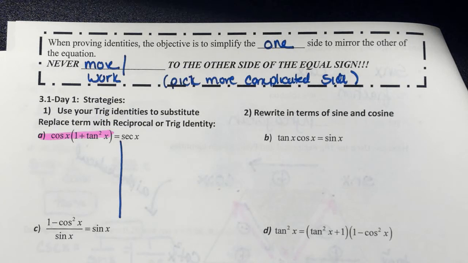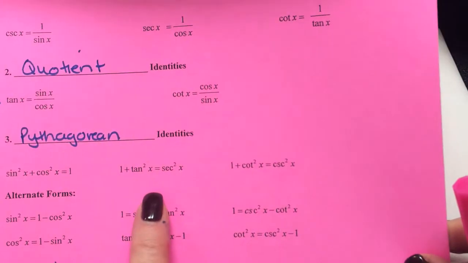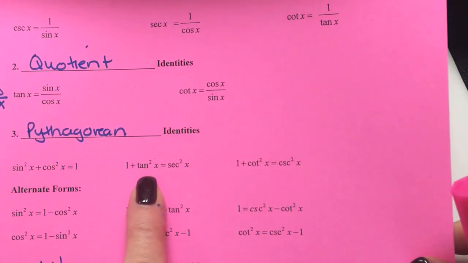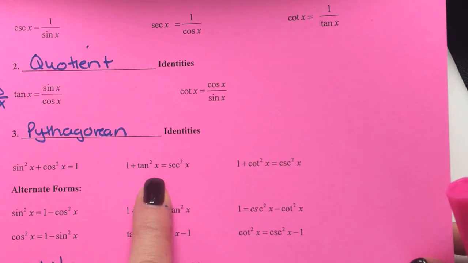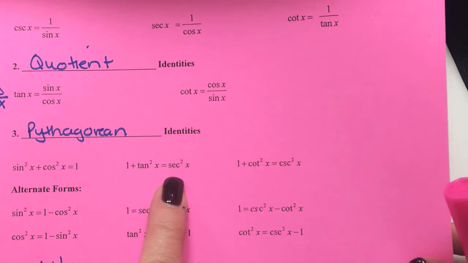So let's take a look. You've got a cosine, and you've got a 1 plus tangent squared. Anytime you see a 1 and a trig function squared, guess where I'm going to look on my pink sheet? I'm going to look under my Pythagorean identities. Anytime I see a trig function squared, I go to my Pythagorean identities or look at your hexagon. What is 1 plus tangent squared equal to? Secant squared.